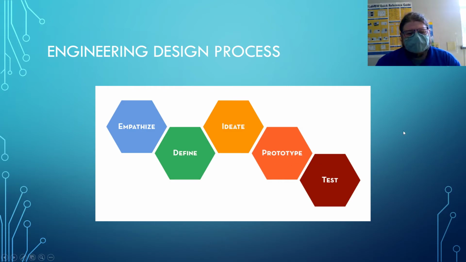For prototype, this is where you say, okay, I've generated all my ideas. Let's start comparing them to each other and see what's successful, what's not. We don't need to develop a big prototype for every single idea. Some of them we maybe could just do a quick cardboard mock-up or maybe a quick sketch. As we start developing these prototypes, we start testing them and comparing them against each other.